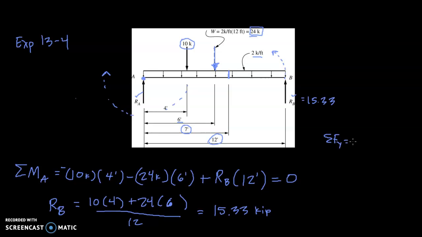In order to find the reaction at A, we just need to sum the forces in the y direction. Sum of the forces in the y direction must equal 0. And so that's equal to 10 kips going down, minus 24 kips going down, plus 15.33, that's the vertical reaction at B, plus the reaction at A. And so if we solve for the reaction at A, it is going to be equal to 10 plus 24 minus 15.33.